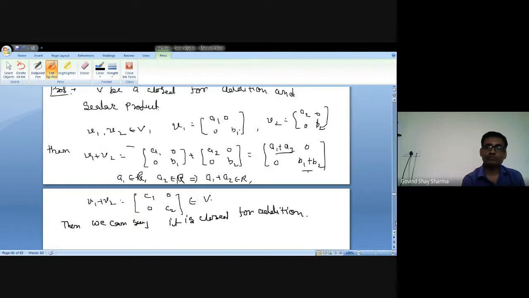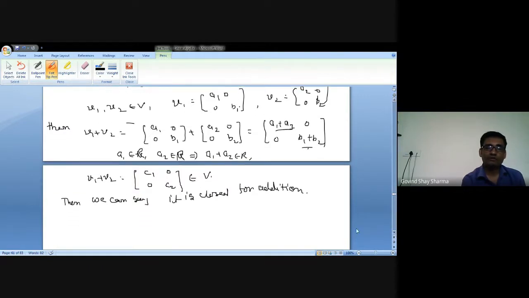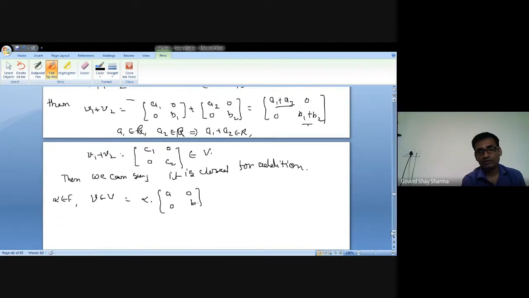Now we take any scalar alpha from F and V from V. Alpha we take out and V is equal to [A 0; 0 B]. So we know that A belongs to R, alpha is any element.